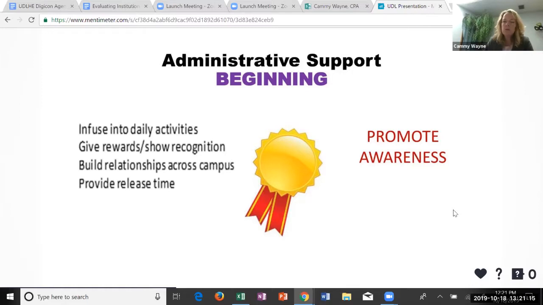Again, just bringing awareness, which is in that beginning stage, is our focus. And it's always helpful, because faculty don't have a lot of time, to provide some release time to make sure that they have time to infuse this into their curriculum and start adopting it.